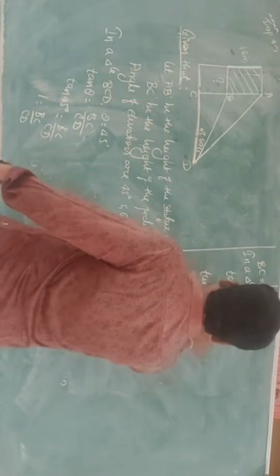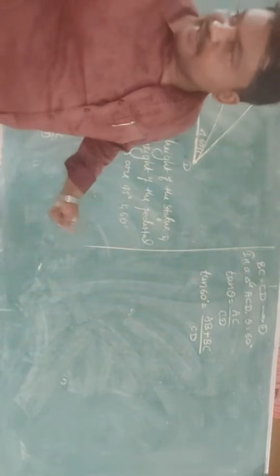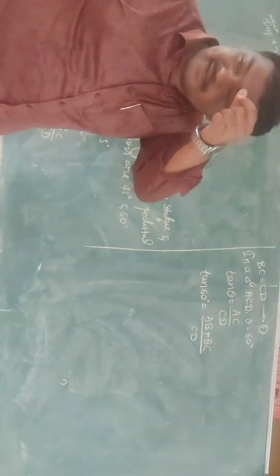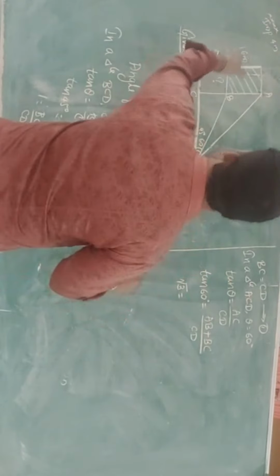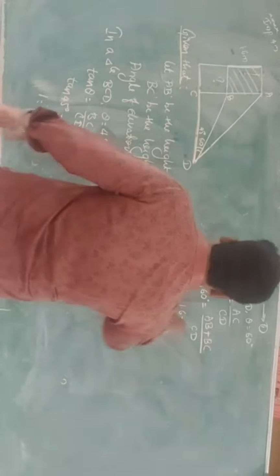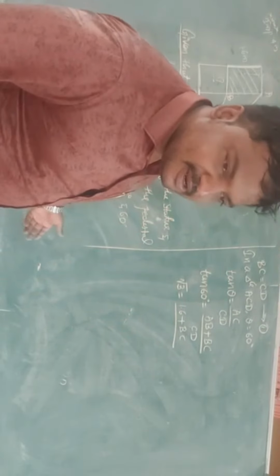So tan 60 degrees is equal to AB plus BC divided by CD. Am I right? Yes. What is tan 60 degrees? Root 3, right? So root 3 is equal to AB, which is 1.6, plus BC, divided by CD.